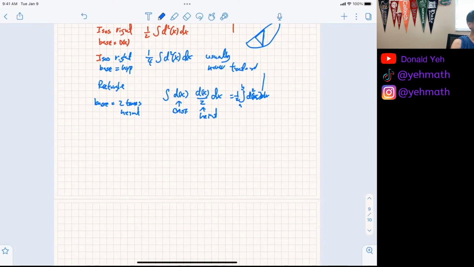Okay, so let's talk about shell method. So we're going to talk about one question that requires both disk and washer.